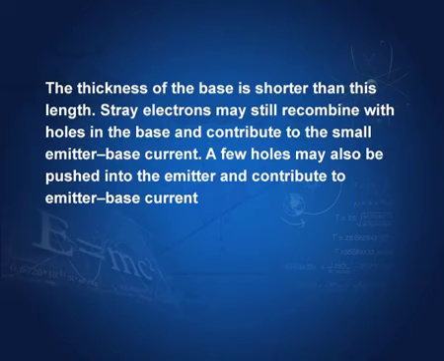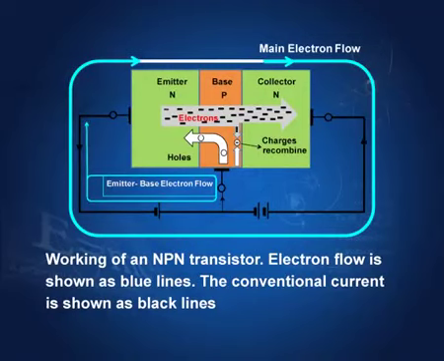Obviously, there are various energy levels, particles have various energies, and some have higher energies, they can diffuse on the two sides. So, some holes can diffuse from the base to the emitter, and this gives rise to the emitter base current. So, once again I am showing you this block diagram. This blue thick line shows the direction of motion of electrons.